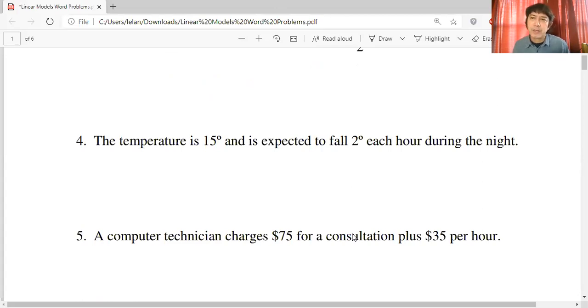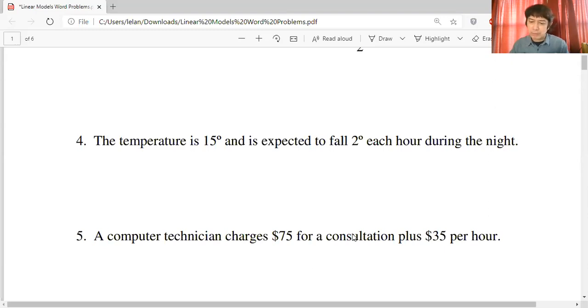Okay, so this time it's temperature, and in the starting time, it's 15 degrees. And then as we move to the night time, you can see the word fall, and that means it's going down. And we're going to have a negative slope here.